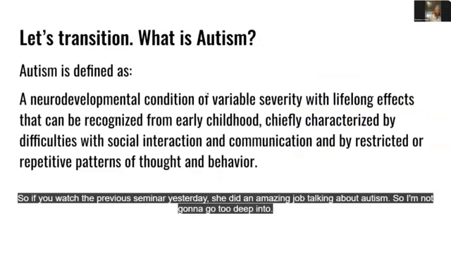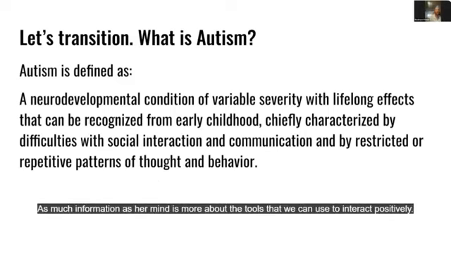So if you watched the previous seminar yesterday, she did an amazing job talking about autism. So I'm not going to go too deep into as much information as her. Mine is more about the tools that we can use to interact positively. So I'll just go with the definition.